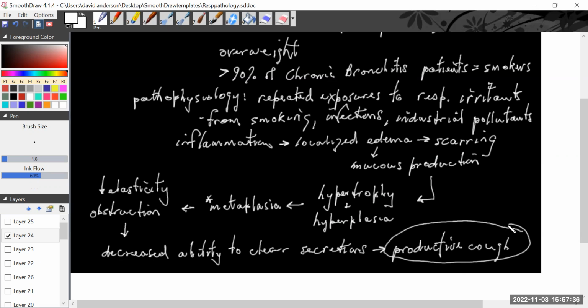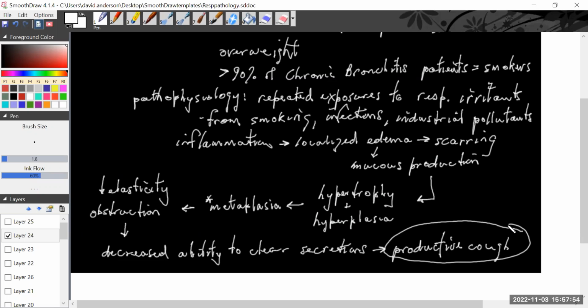So again, these patients have what we describe as a productive cough. The secretions that are created from initially the inflammation and the edema and the mucus production, and the weakening, scarring, decreased elasticity, loss of the ability to clear.